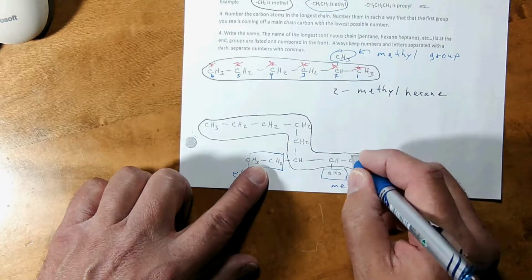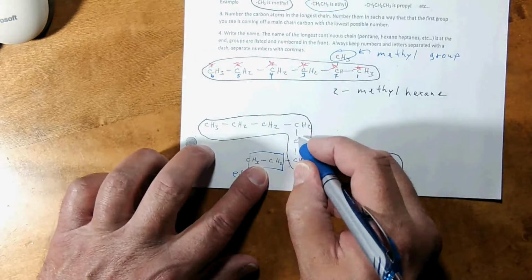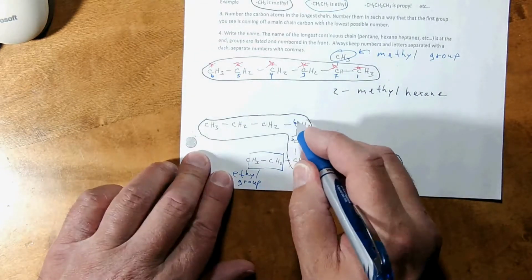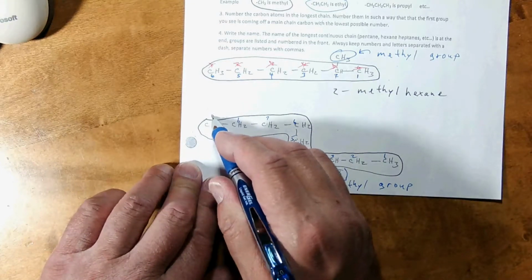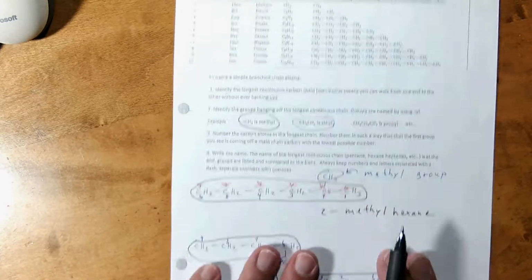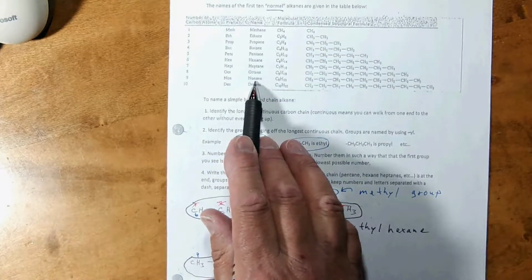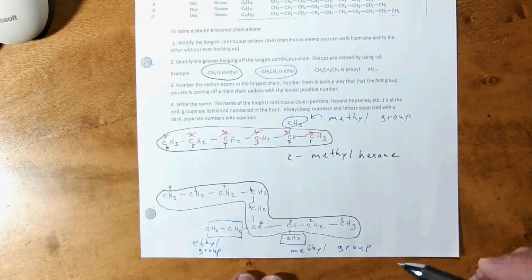So this is carbon 1, 2, 3, 4, 5, 6, 7, 8, 9. So 9 carbons in a row is referred to as nonane. So this is going to be nonane.